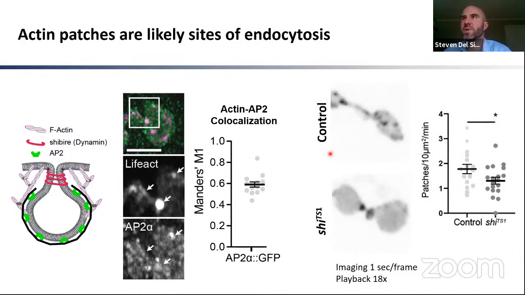And then when we disrupt endocytosis using a temperature-sensitive Shibire mutation, a mutation in dynamin, which effectively shuts down vesicle cycling in this synapse, we see a significant decrease in actin patch formation, suggesting that it is coupled to endocytosis.